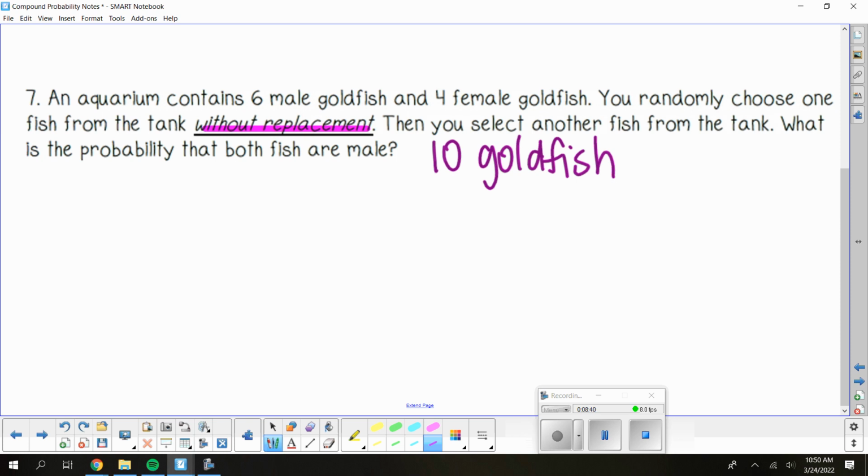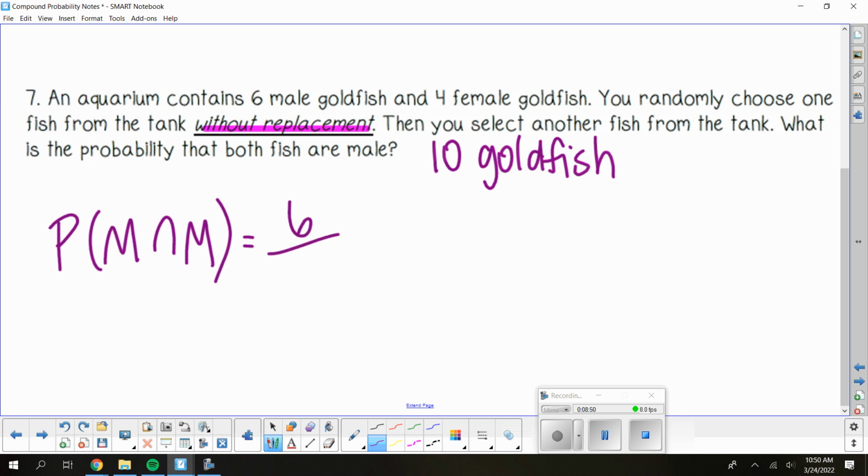So, probability I get a male fish and another male fish. Well, the probability I get a male fish to start is 6 out of the 10 I have in my tank. But here's the problem. I hypothetically pull a male fish and I don't put it back into that tank. Well, now my tank is down to 9 fish, and only 5 of them are male.